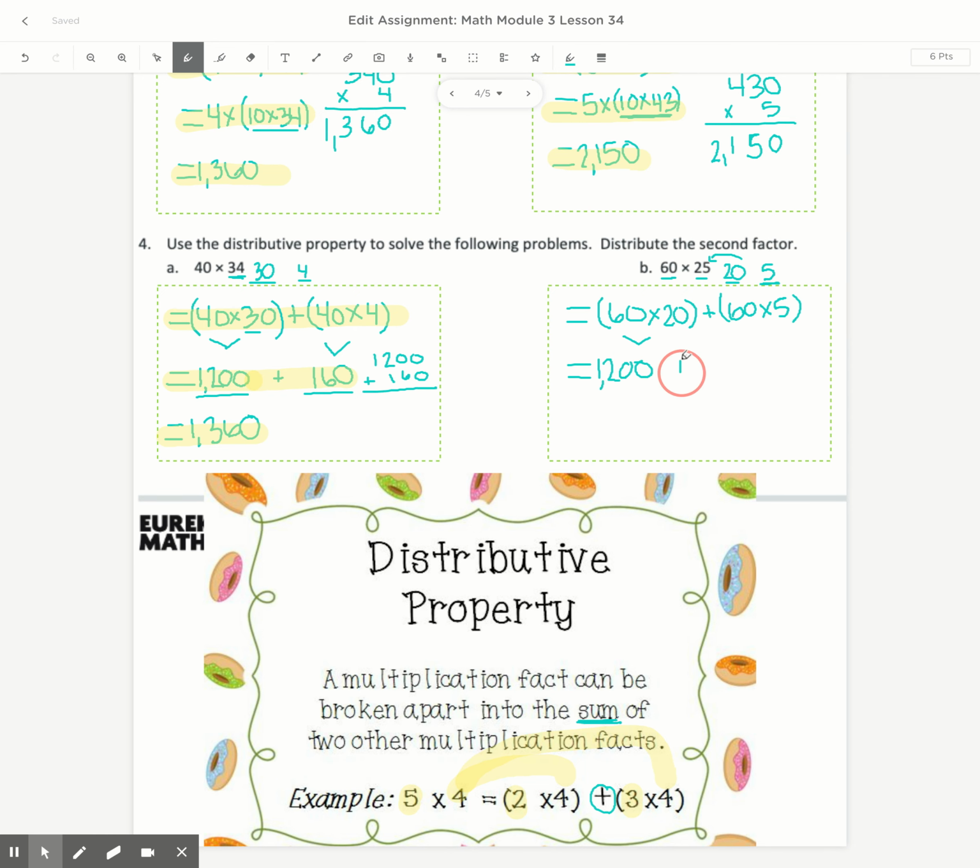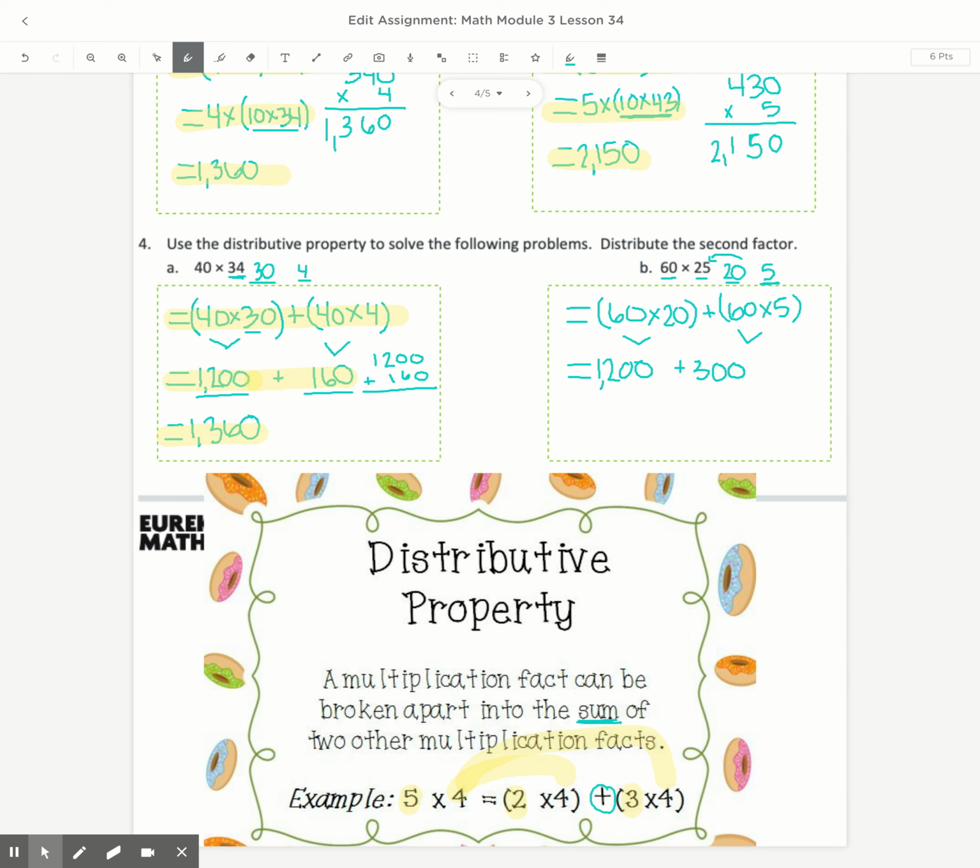And then I'm going to drop my plus sign down, and now I need to multiply 60 times 5. So again, I can cross off that 0, ignore it for a second, and just do 6 times 5. Well, I know that 6 times 5 is equal to 30, but I can't forget about that 0 that I imaginarily crossed off, so I'm going to add it back in.